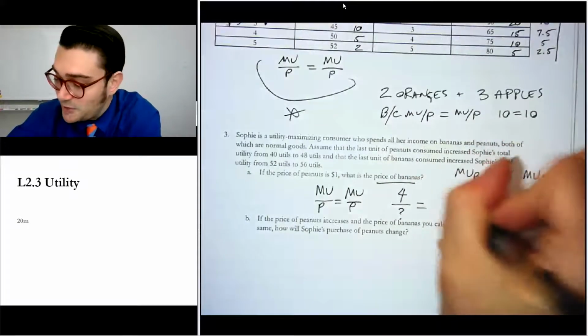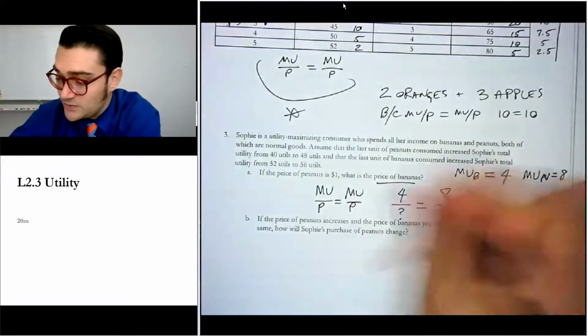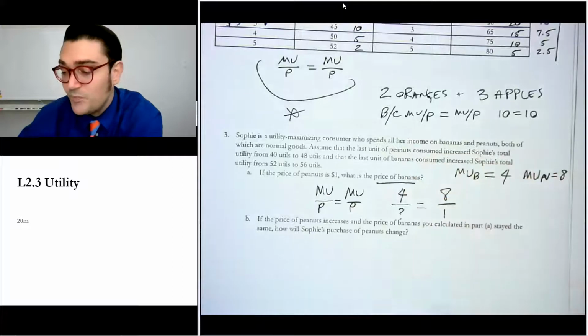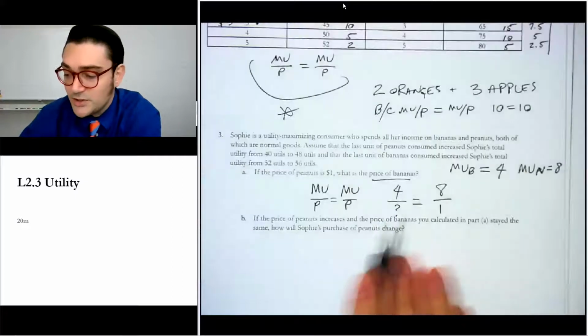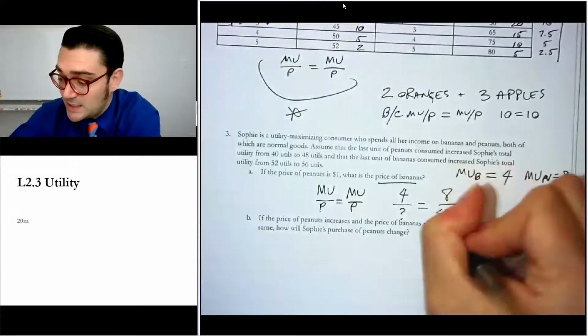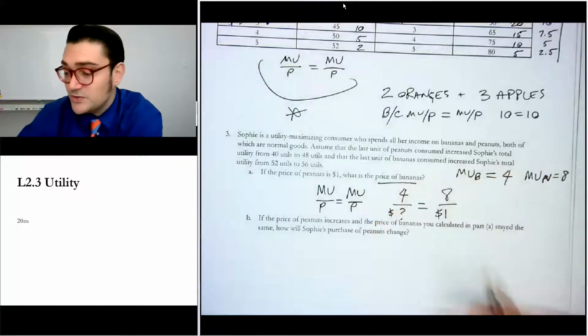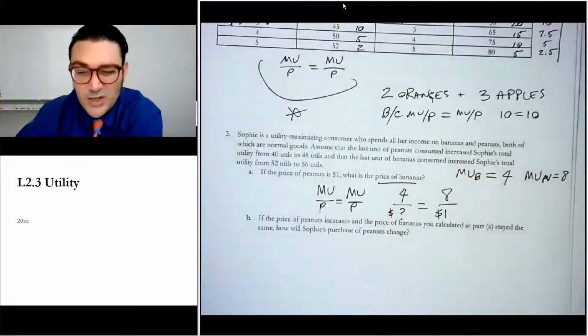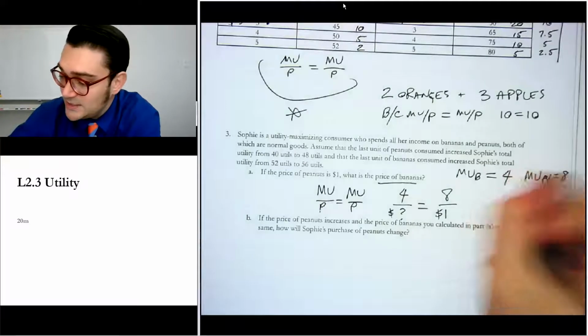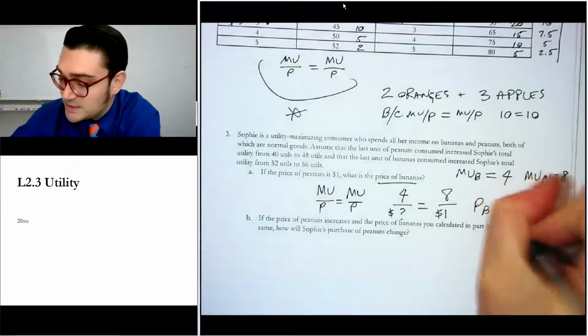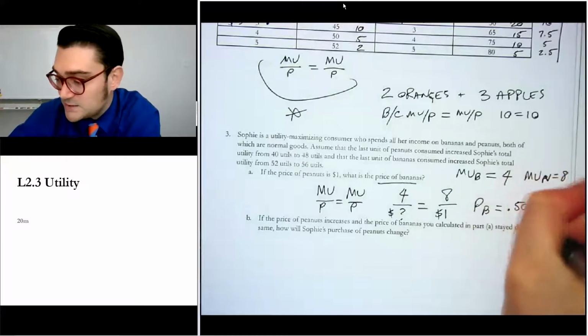And so then we know that's equal to 8 over the price of peanuts, which is 1. So some dollar value will give us that equivalency. And hopefully you can spot that the price of bananas is equal to 50 cents.